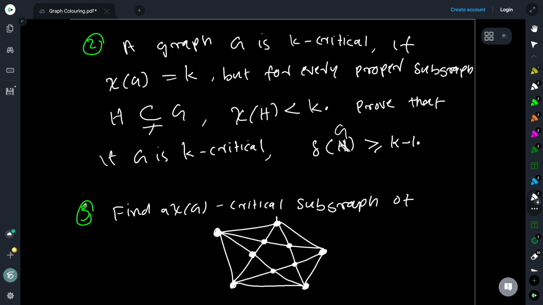Why is that? Because you can just keep on removing edges which do not make the chromatic number less, and then you end up in a graph where if you remove any edge, the chromatic number will be smaller. So we can always find such things. So find the chromatic number of G and its critical subgraphs. I will attach one of them of this graph.